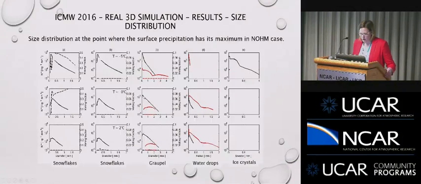It's around -5, close to 0, but still at negative temperature. That's the second row, and the third row is around 2 Celsius.